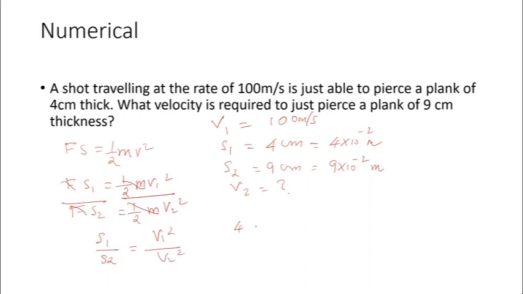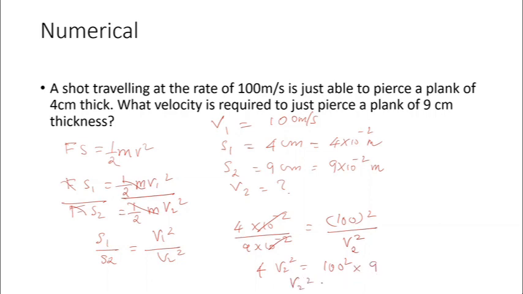S1 is 4 into 10 raised to minus 2 divided by S2, which is 9 into 10 raised to minus 2. V1 square is 100 square divided by V2 square. So V2 square we will find out. First we will cancel this. Now 4 V2 square is 100 square into 9.